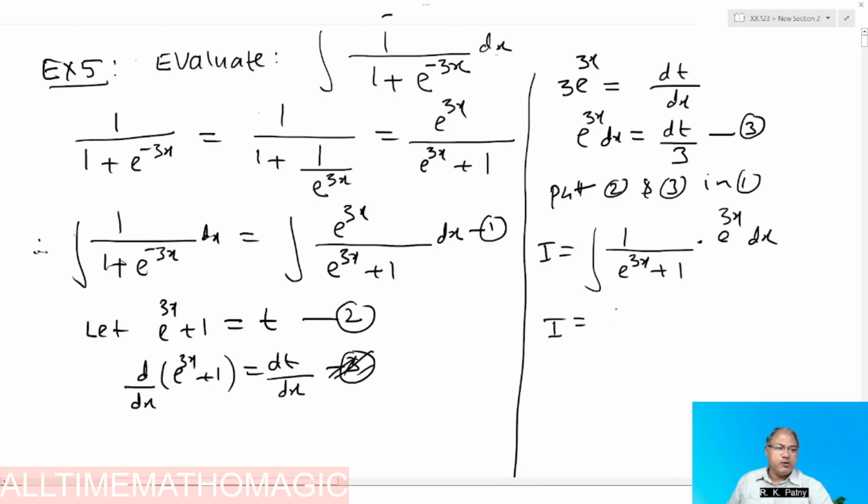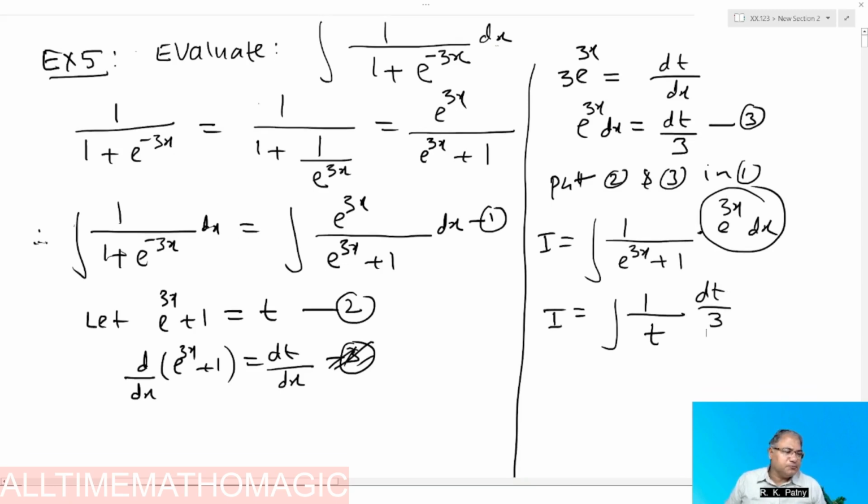Now I equals 1 upon e raised to 3x plus 1, and e raised to 3x plus 1 is nothing but t from 2, and e raised to 3x dx, this much part, is equal to dt by 3. After that, we will do the integration.